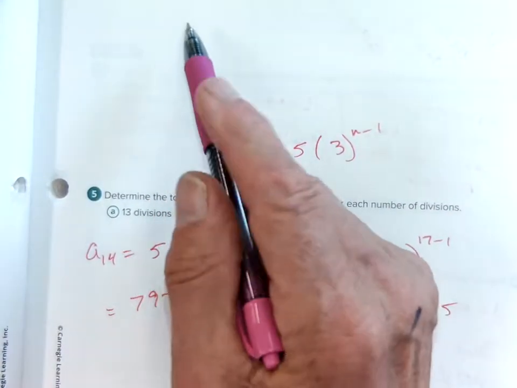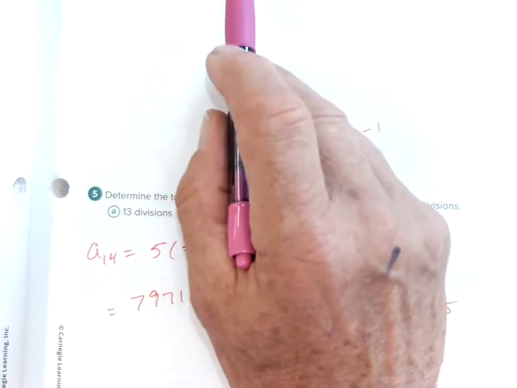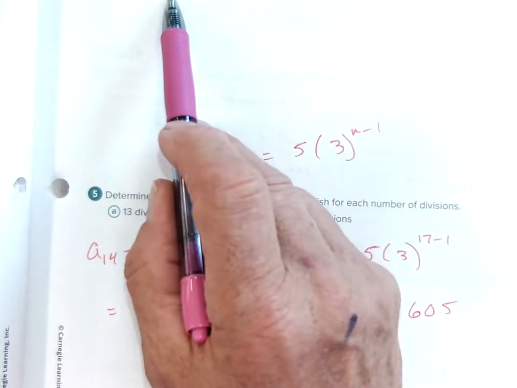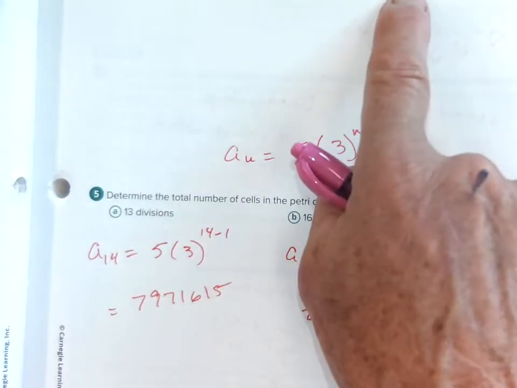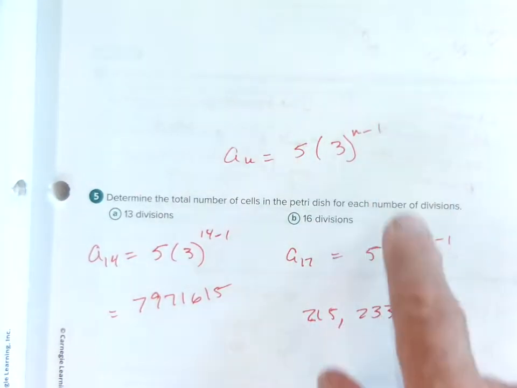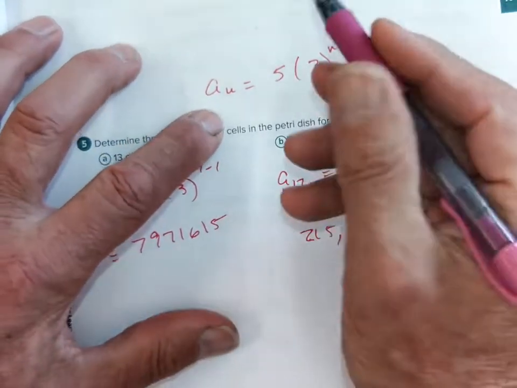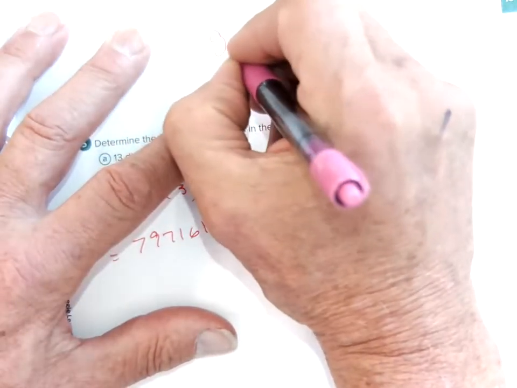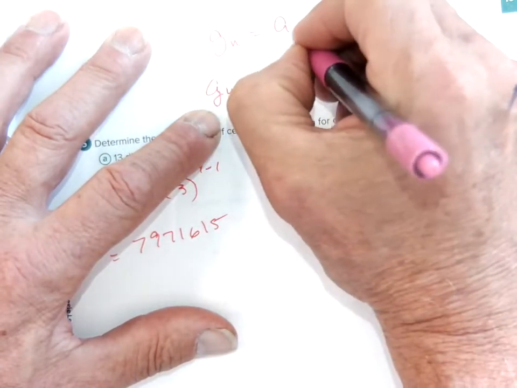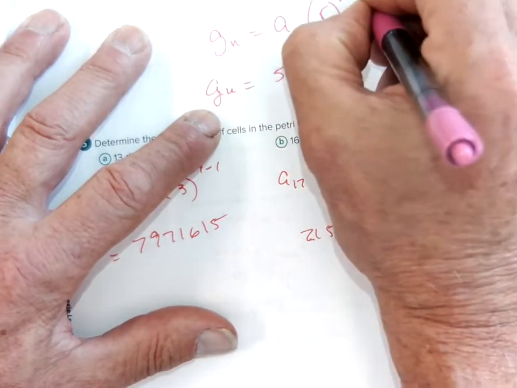Anyway, as we continue, here's a little story problem. They start with 5 cells and it triples, triples, triples, triples. Okay, so we get the first few divisions of the cells. For a geometric sequence, they like G, sorry you guys, they go g of n is equal to A1 r to the n minus 1 power.